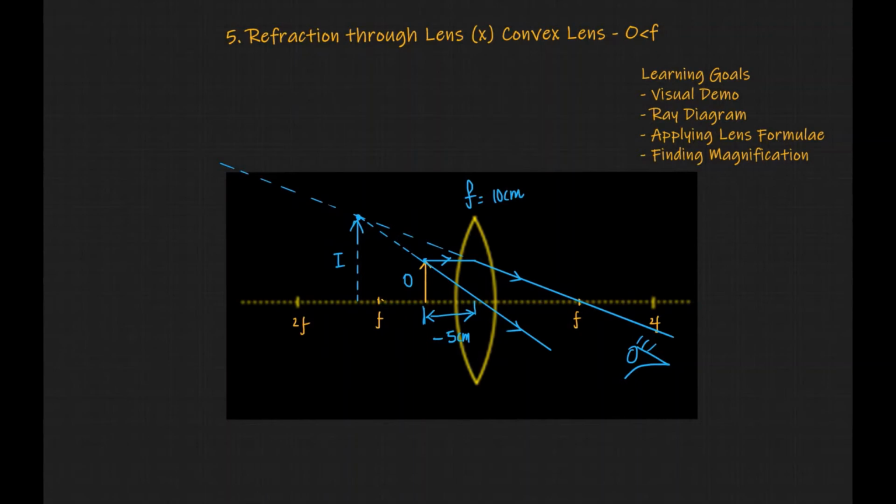So let's apply the lens formula to find where the image will be. 1/v minus 1/u is 1/f, or 1/v minus 1/(-5) equals 1/10, or 1/v equals 1/10 minus 1/5, that's minus 5/50, that's equal to minus 1/10, or v is equal to -10.